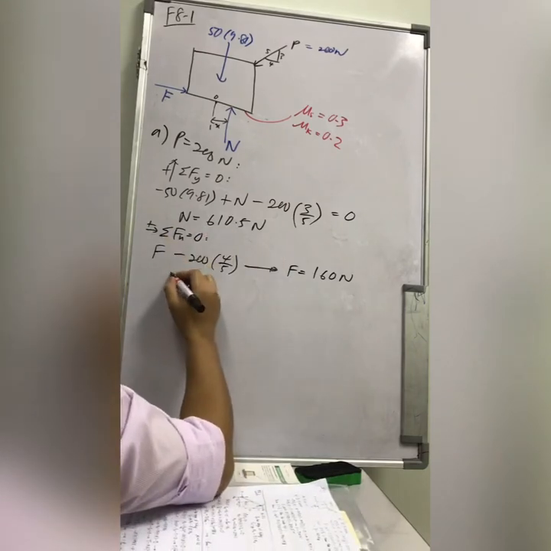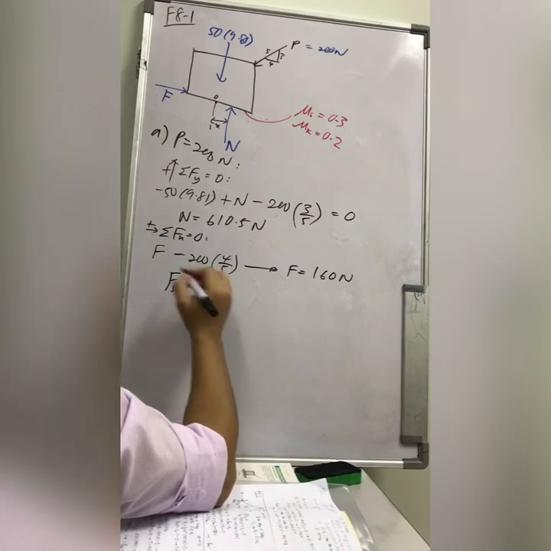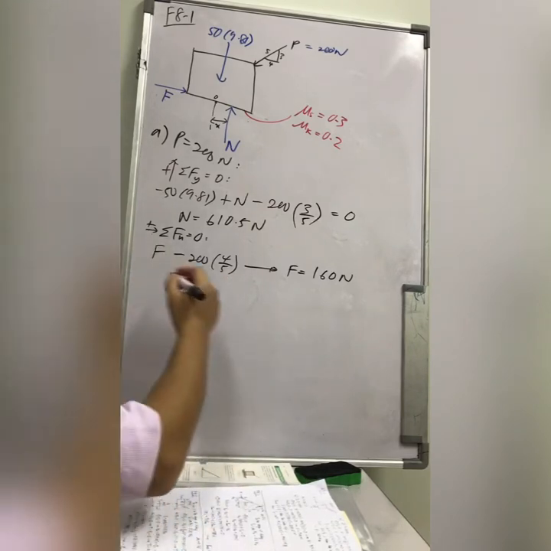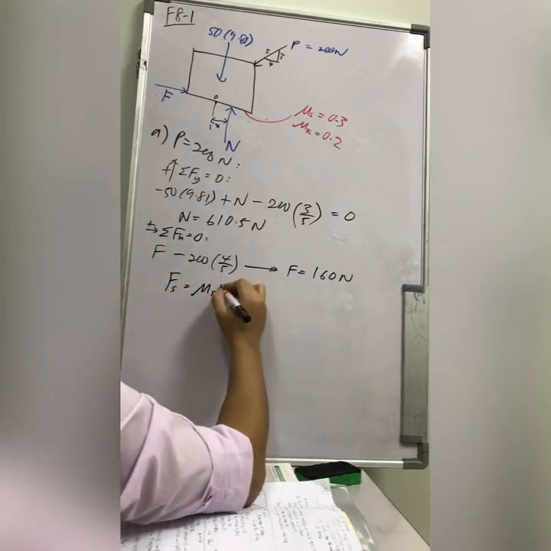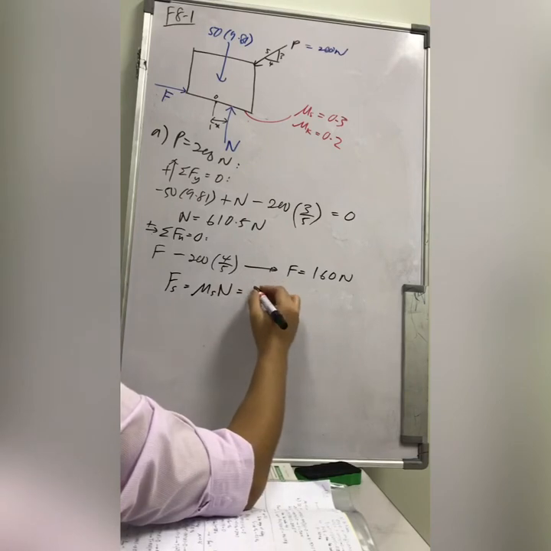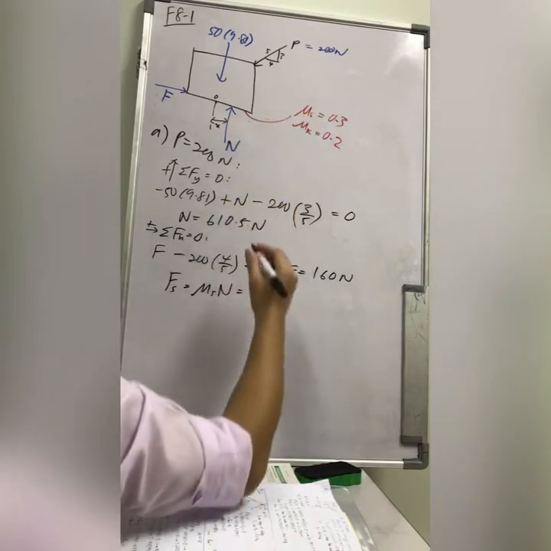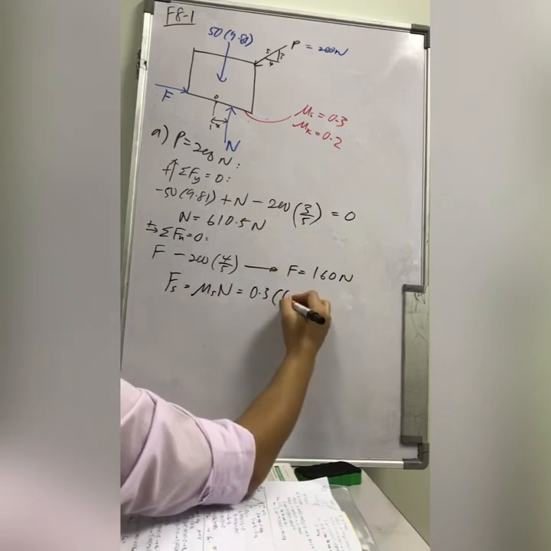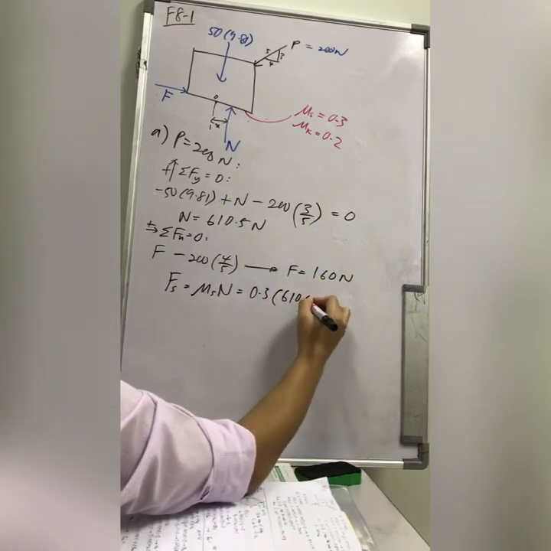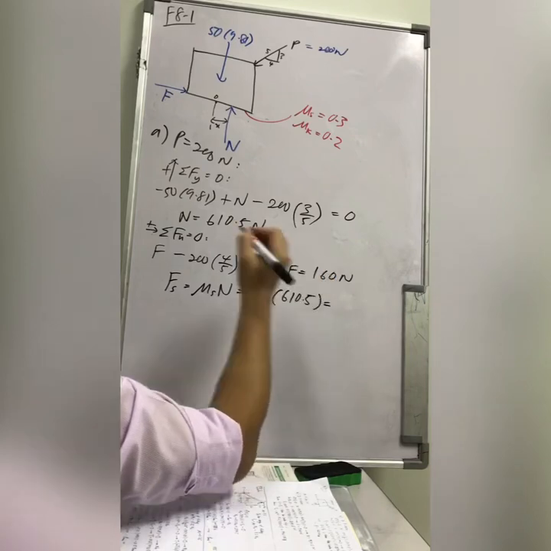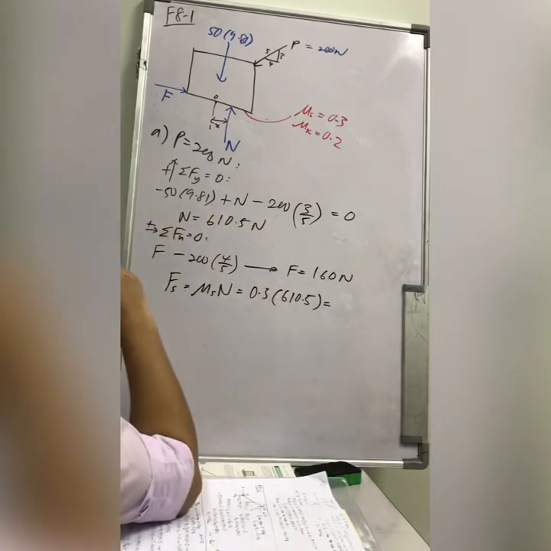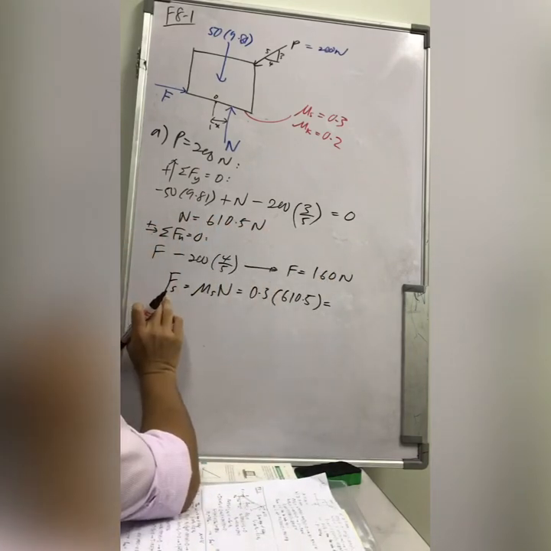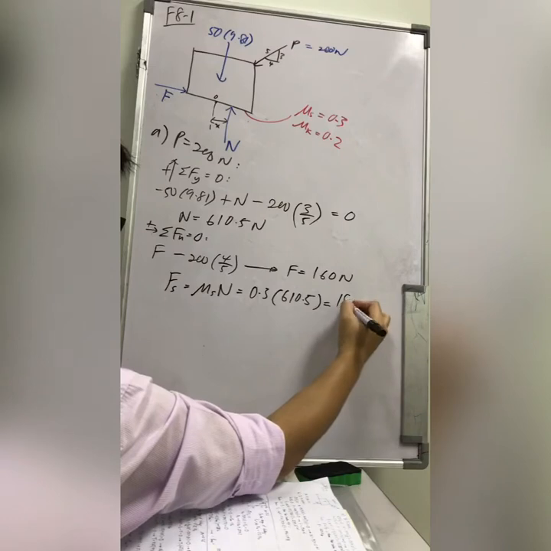You check it by using the limiting static friction force, which is μs times N. The coefficient of static friction is 0.3, and your N is 610.5, so you get your limiting static friction force Fs to be 183.15 Newton.